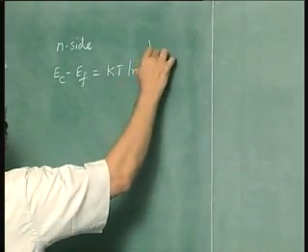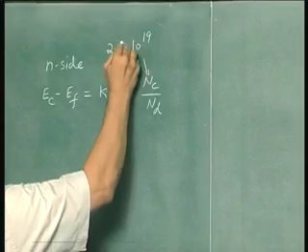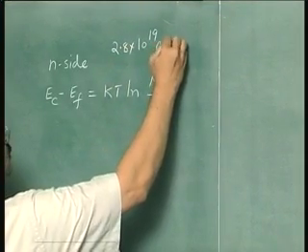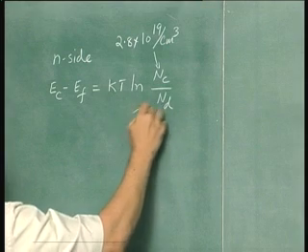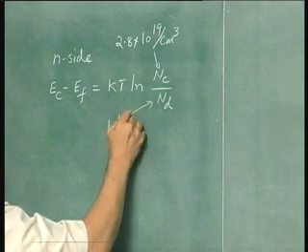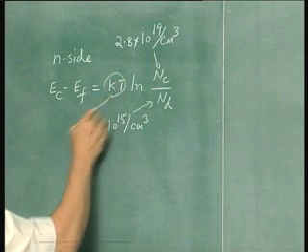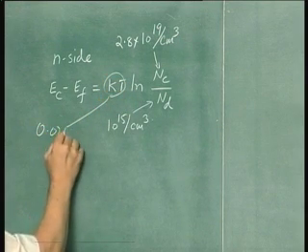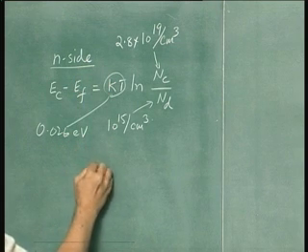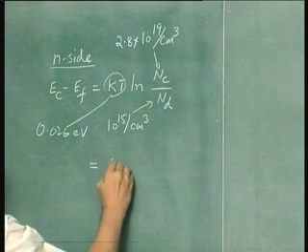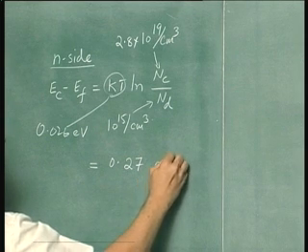For silicon, NC is 2.8 times 10 power 19 per centimeter cube, and ND is 10 power 15 per centimeter cube, and KT at room temperature is 0.026 electron volts. So the result is you will get this as 0.27 electron volts.